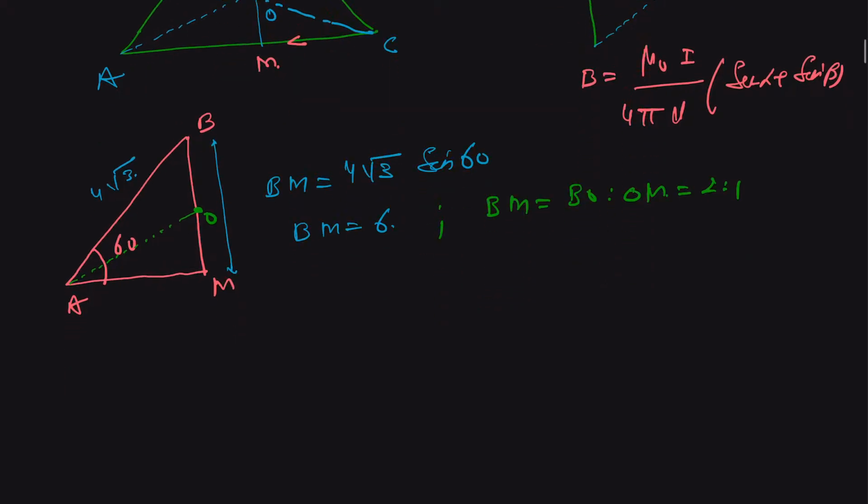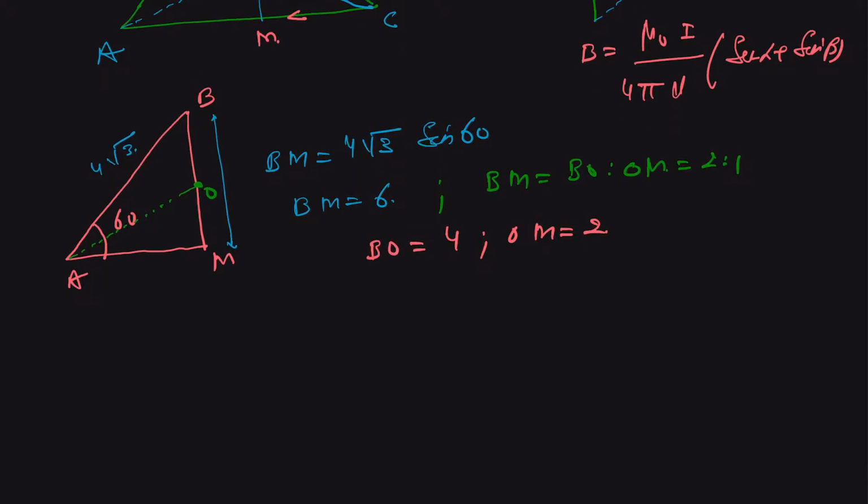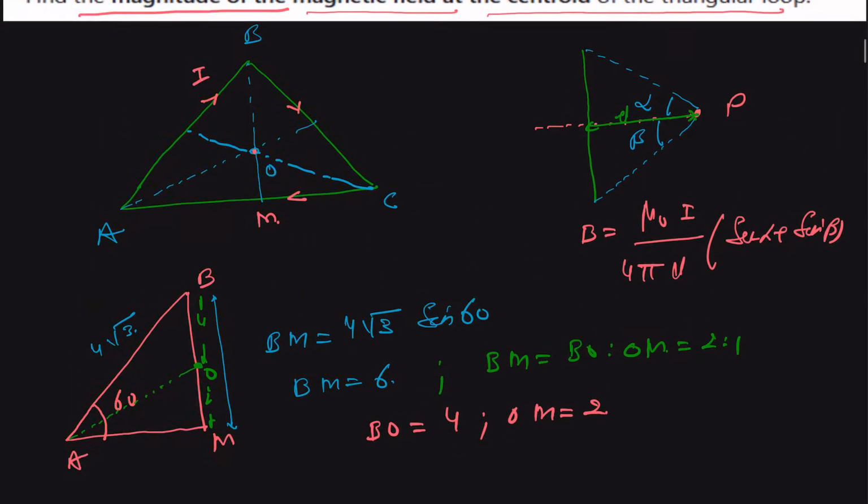Therefore, the actual length, we can say that our BO will be equal to 4 and our OM will be equal to 2. So we were able to find out that our length BO is 4 and OM is 2. So because this portion is equal to this portion, therefore this length will be equal to 2.